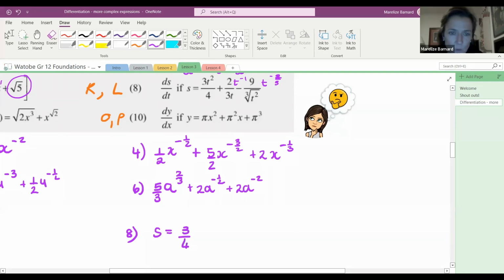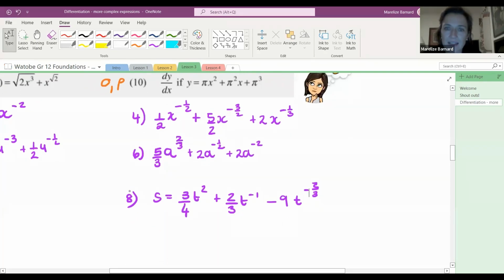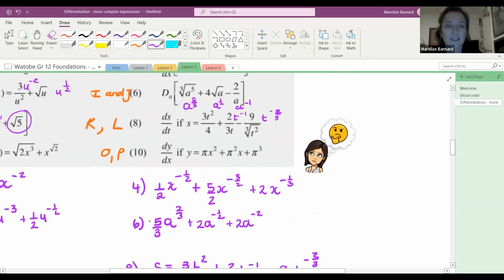So 3 over 4 t squared, and then we go plus 2 over 3 t to the power of minus 1 to bring it up into the numerator, and then minus 9t to the power of minus 2 over 3. Okay, this is also a lucky one. If you got this one right, then you are definitely on track.